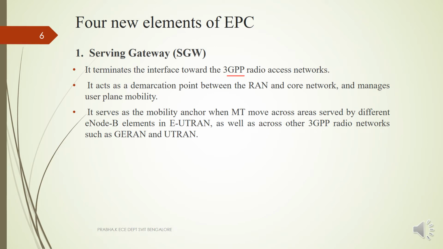This gateway serves as a mobility anchor when the mobile terminal, that is the user equipment, moves across the area served by the different eNode B elements which are part of E-UTRAN, as well as across the 3GPP radio networks such as GERAN and UTRAN.